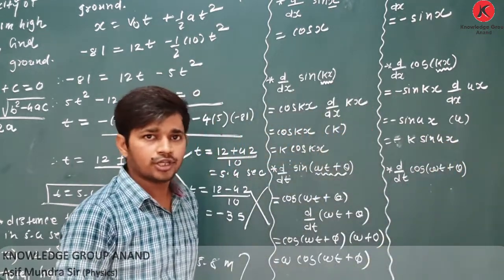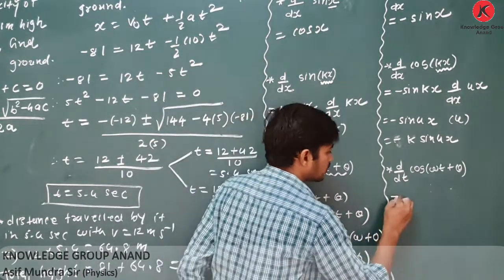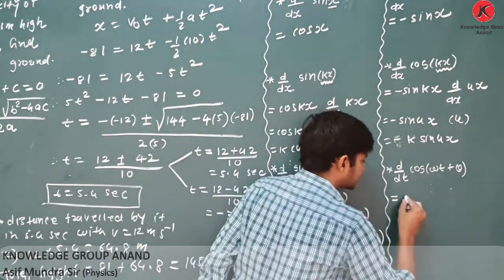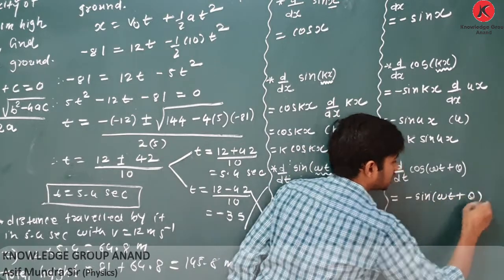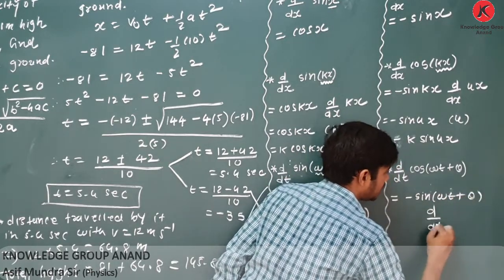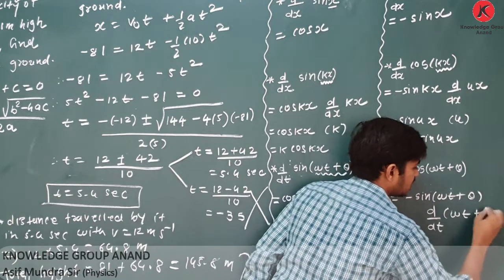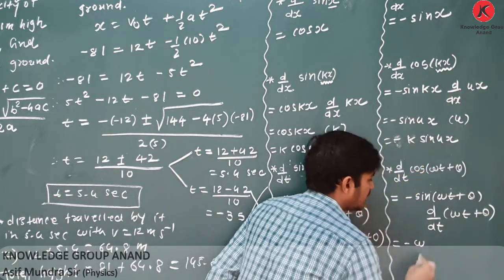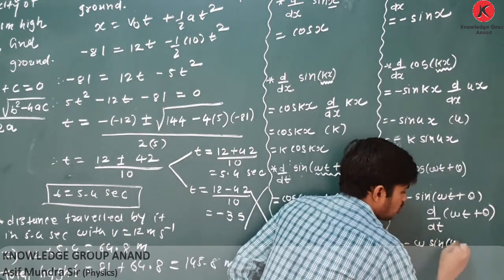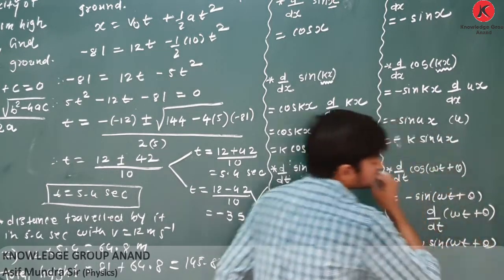Clear? Okay, the last one is directly minus sin(omega t plus theta) times d upon dt of (omega t plus theta), which is minus omega sin(omega t plus theta).